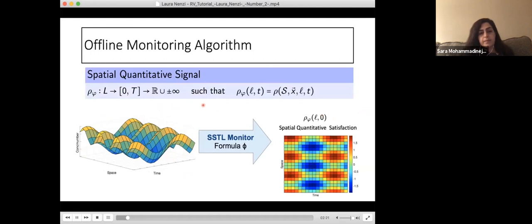In this case, we can have a spatial quantitative signal that gives at each location and time unit the value of the robustness function for our spatial model and our spatio-temporal trajectory in position L and at time t. Similarly, we can define the spatial quantitative satisfaction that corresponds to the satisfaction in each location at time 0.